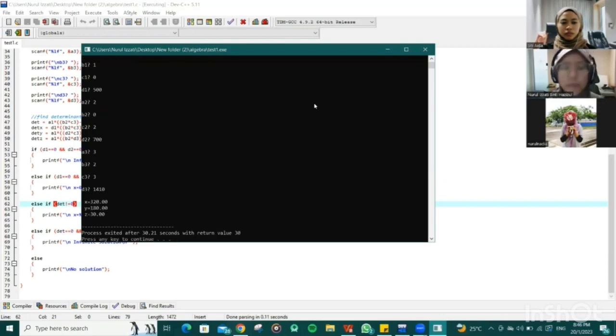We need to make sure the output from the coding and the solution is the same. As we know earlier, the flight ticket is 322, the luggage is 180 and the meal is 30. The calculation displayed here is exactly the same as the solution that we have done before. So that's it for the coding.